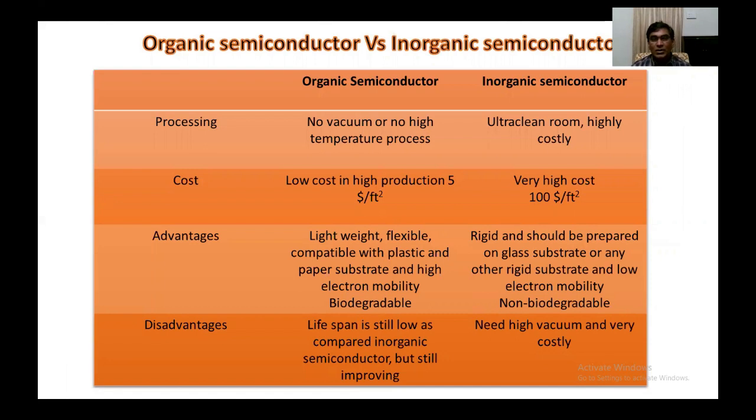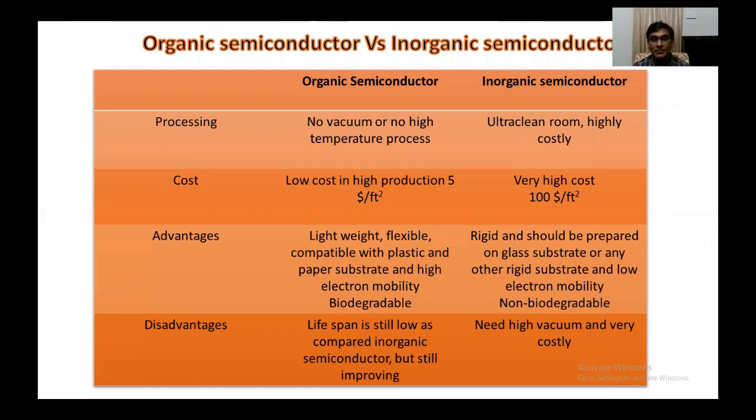But in case of inorganic semiconductors, ultra clean rooms are required and the process is highly costly. Cost of organic semiconductor processing is low, with high production, that is $5 per square feet. In case of inorganic semiconductors, the cost is very high, that is $100 per square feet.